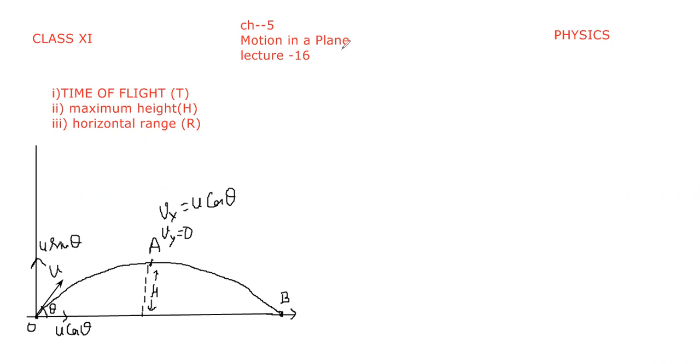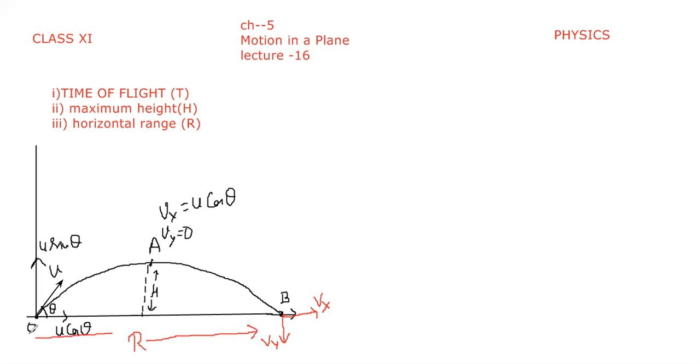At point B, what is the final component of vertical speed? That is in the downward direction. So this is Vy and this is Vx. Total time is the time taken by a body to travel from O to B. And this is the horizontal range, capital R.